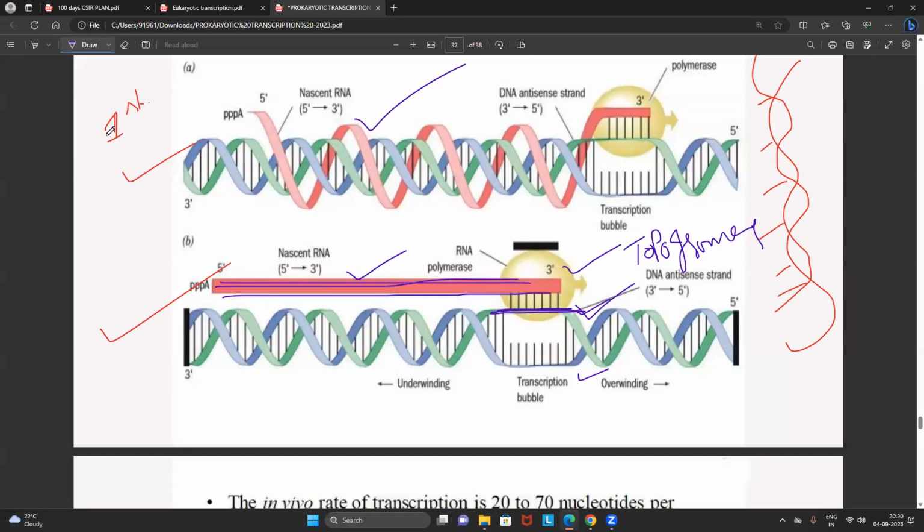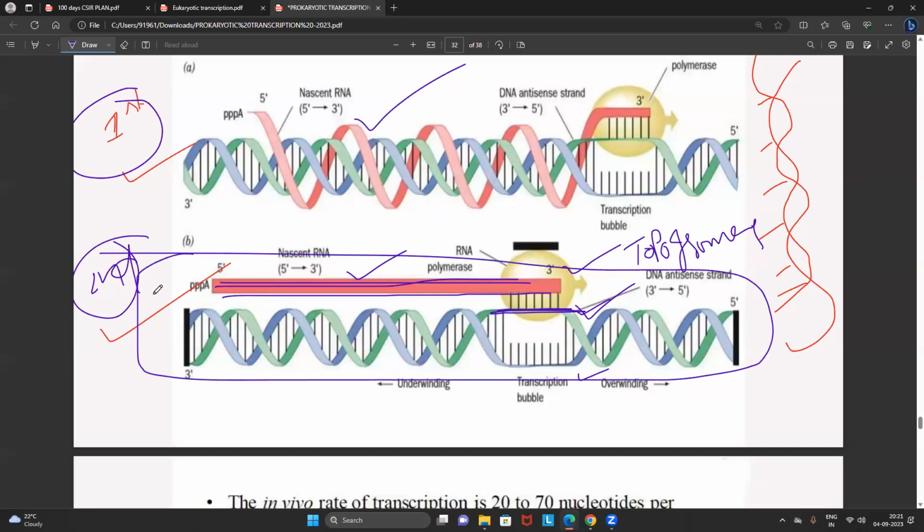Now, my question is, among the first and second model, which model can be widely used by the RNA polymerase enzyme in order to synthesize the mRNA? Undoubtedly, we don't need to think about it. Undoubtedly, the second model. Why? Because in the second model, the enzyme is also moving along with the double-stranded DNA only.